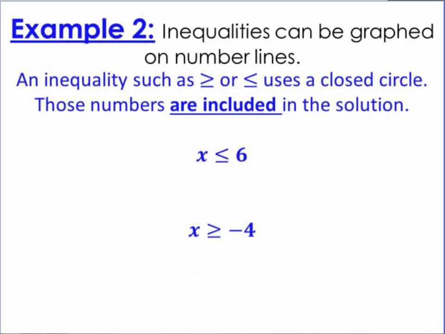So let's try another example. But with this example, we're going to talk about these two symbols. And if you remember, this means greater than or equal to, and less than or equal to. So in that case, we're going to use a closed circle for graphing. And for interval notation, we are going to use brackets.